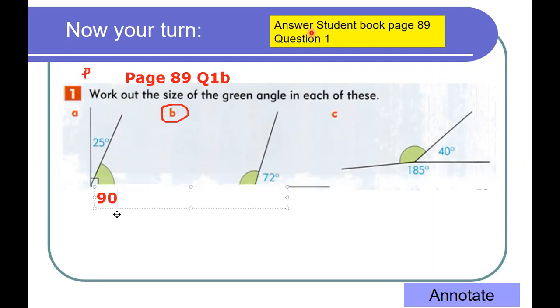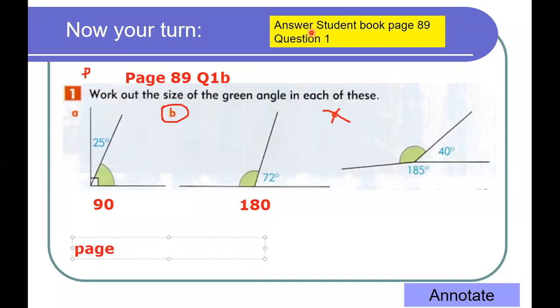The next one will be our lesson on Sunday, so don't solve question C. Year 6, don't forget that. Also, in page 90, you need to answer question 3 and question 4. That's it.